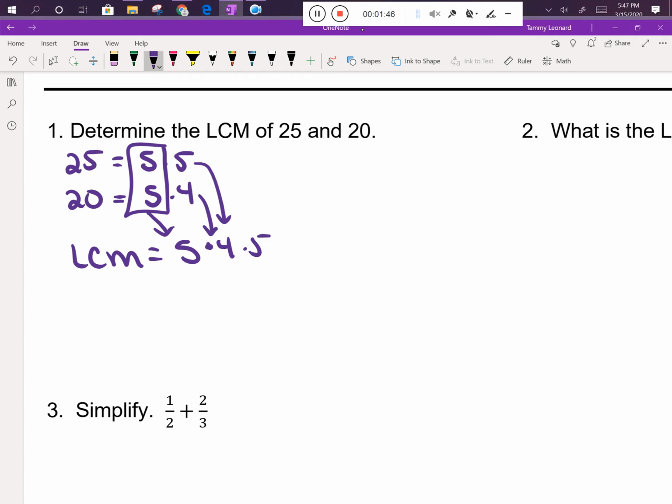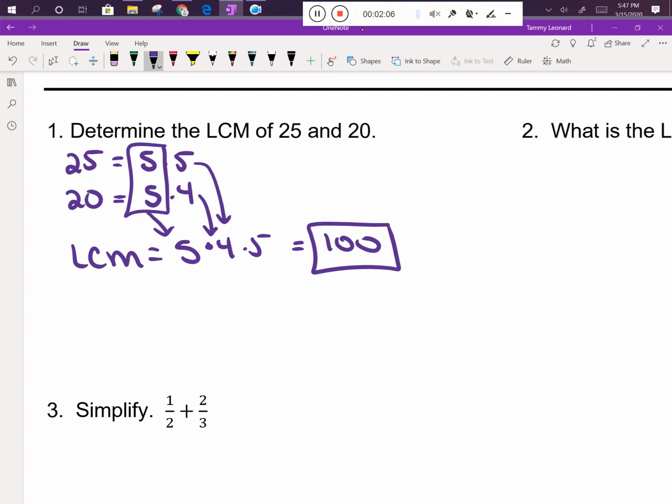So the 5 that they have in common, I pull once. And then any stray factors, so the extra 5 from the 25 and the 4 from the 20, all have to go into the least common multiple. So 5 times 4 is 20, times 5 is 100. So their LCM is 100.